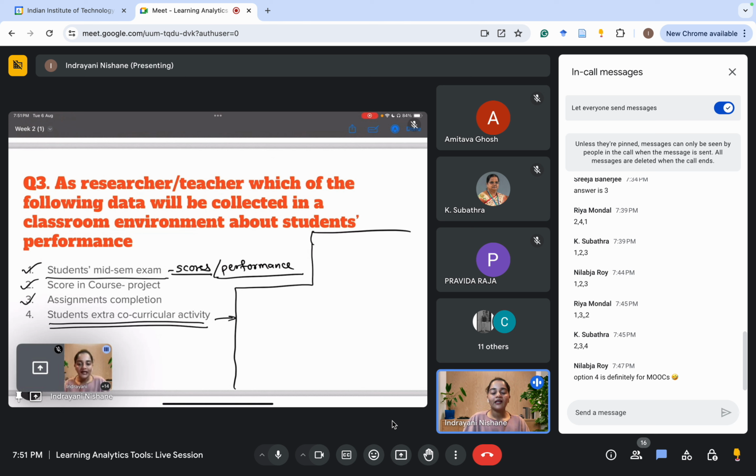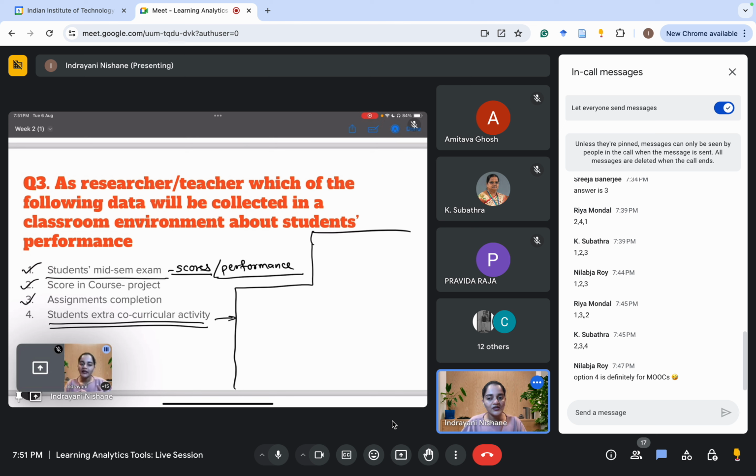So there is no limit to what data you can collect and how you can collect it, right? For simplicity's sake, we'll just stick to the teacher and students in the classroom, how the student-teacher interaction happens, and the data simply collected by a teacher for all the students in the class. So we'll stick to that.